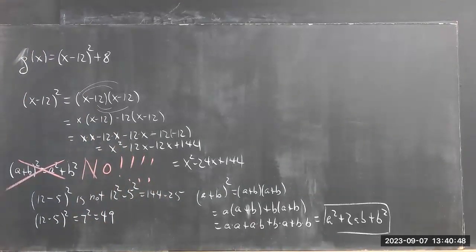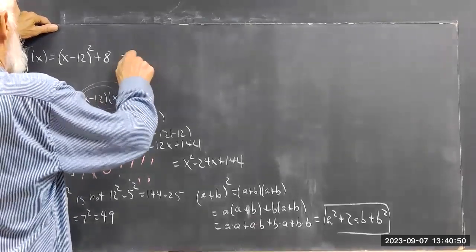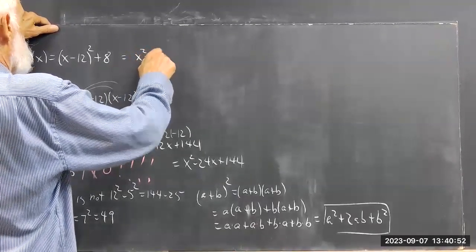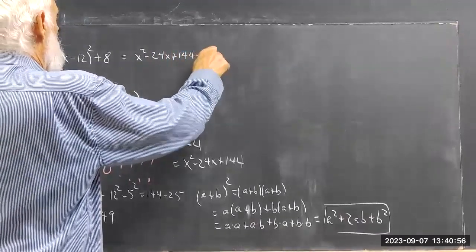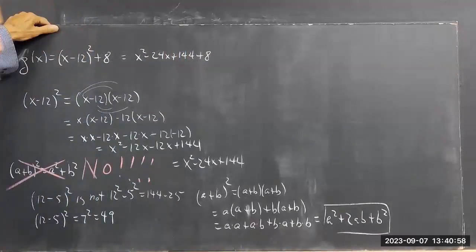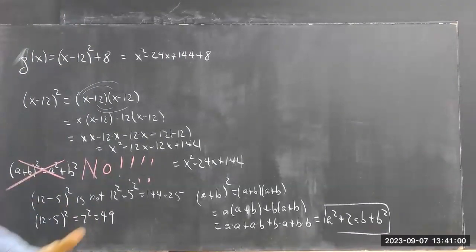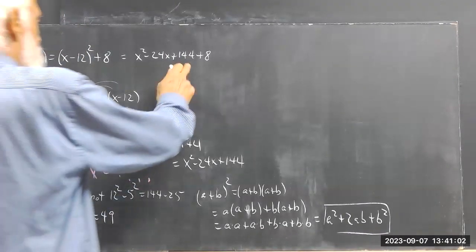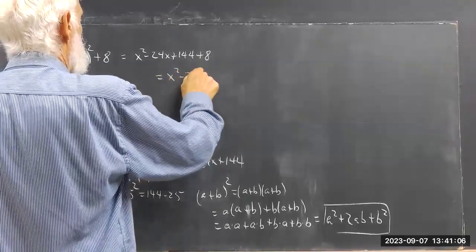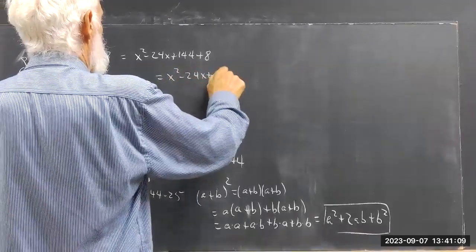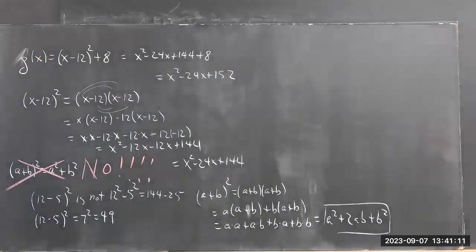Now, my point is, then g of x equals x squared minus 24x plus 144 plus 8. And of course, we do one more step: we can add that 144 and 8, and we get this.